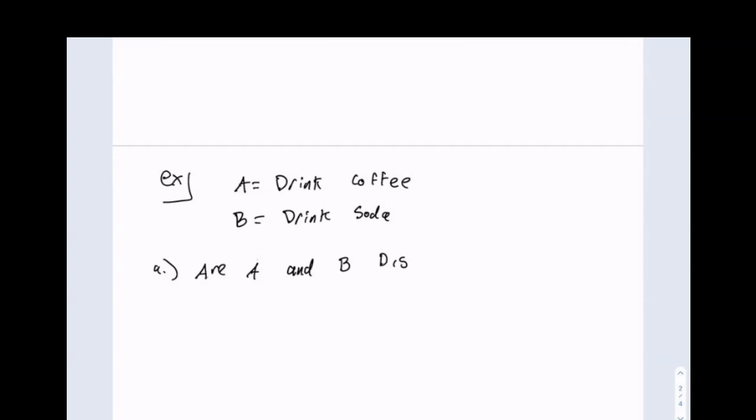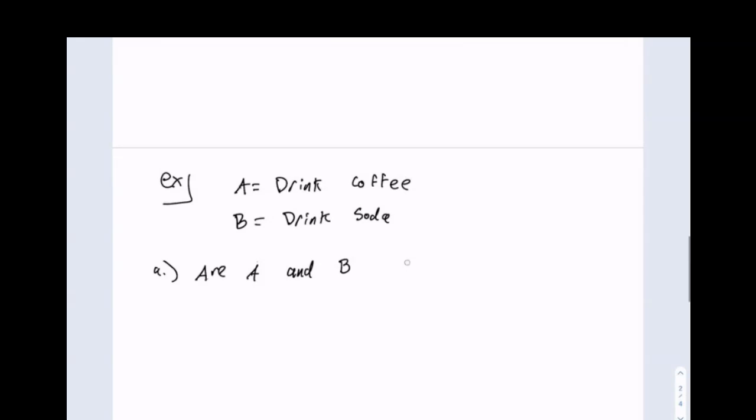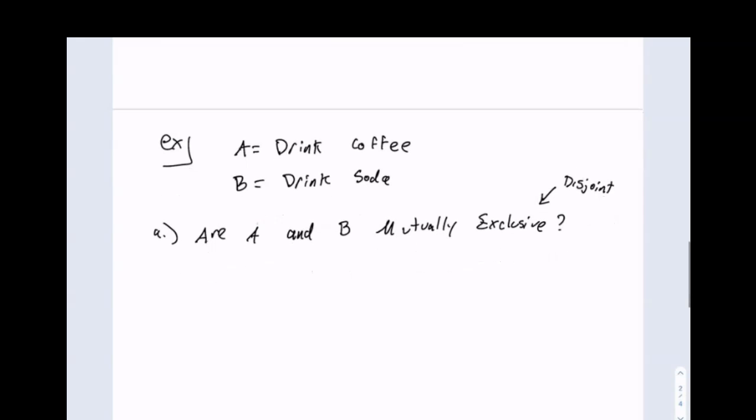Or, you know what? Let me use a more common word: mutually exclusive. We also use the word disjoint. Are the events mutually exclusive?